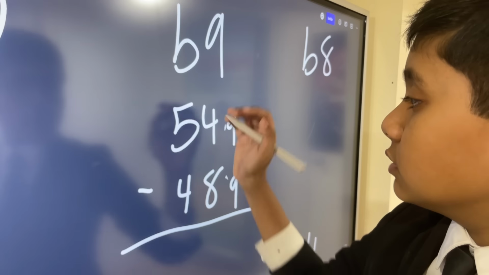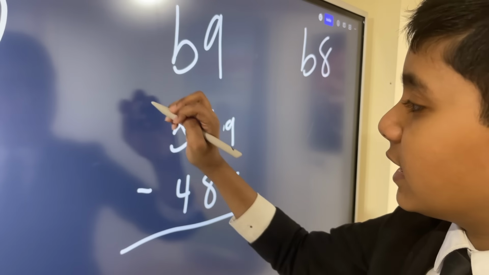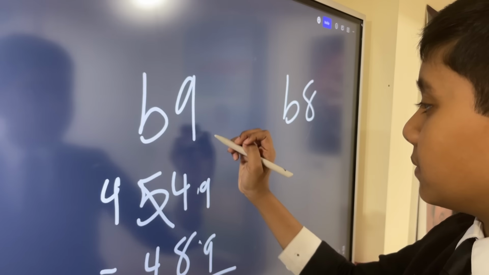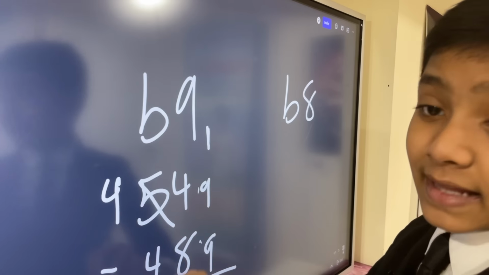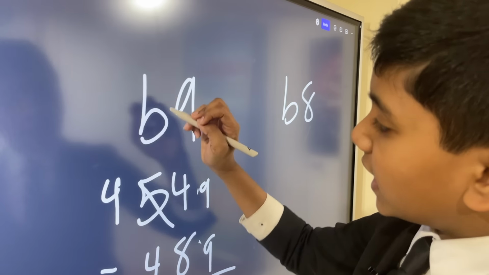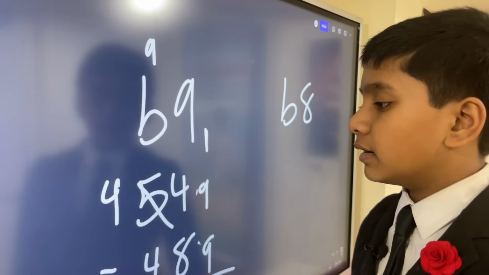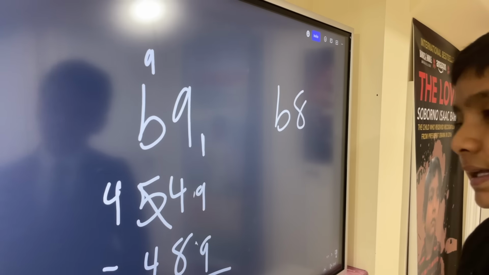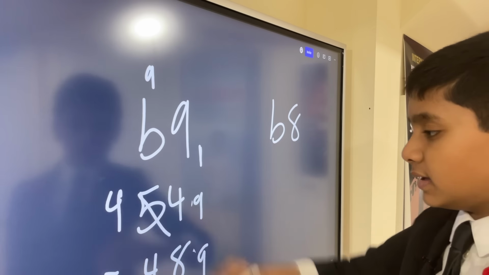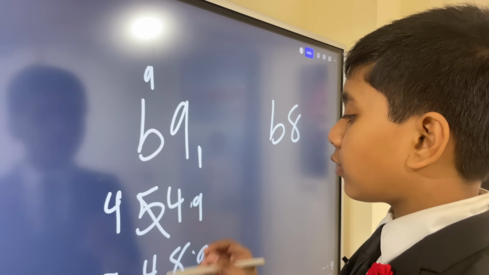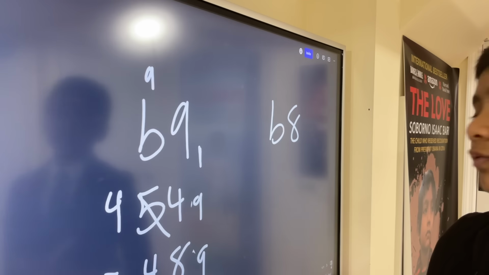So once we cross off this 5 and make it a 4, remember our places. This is going to be the 1's place, but this isn't the 10's place. It's going to be the 9's place because we're counting in base 9. After we reach the digit 9 instead of the digit 10, we go into this place. So that means that this 5 represents 5 9's, or 45.